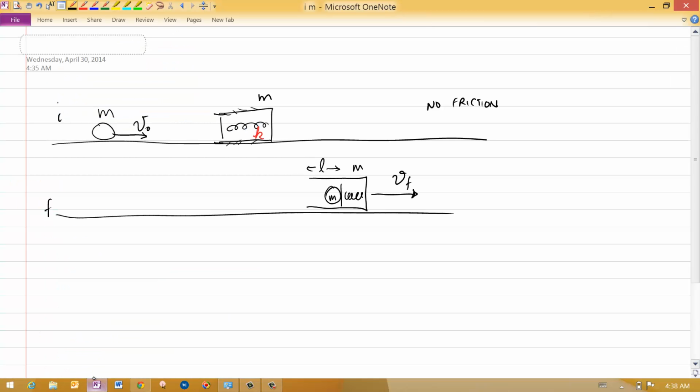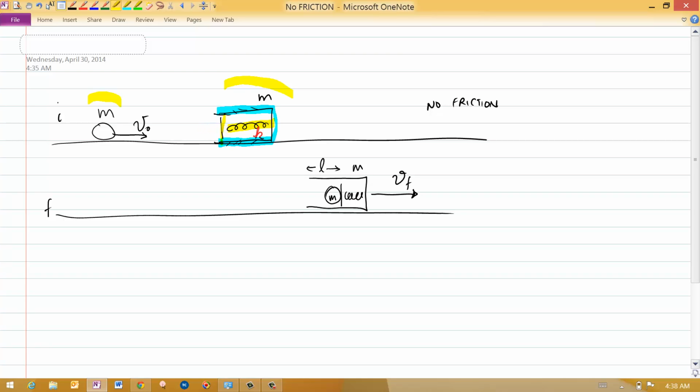So here's the example. I've got two masses. They're the same mass, so the number of kilograms for this object coming in is the same number of kilograms in this composite object. Now the composite object consists of this can with a plunger there and a spring inside.